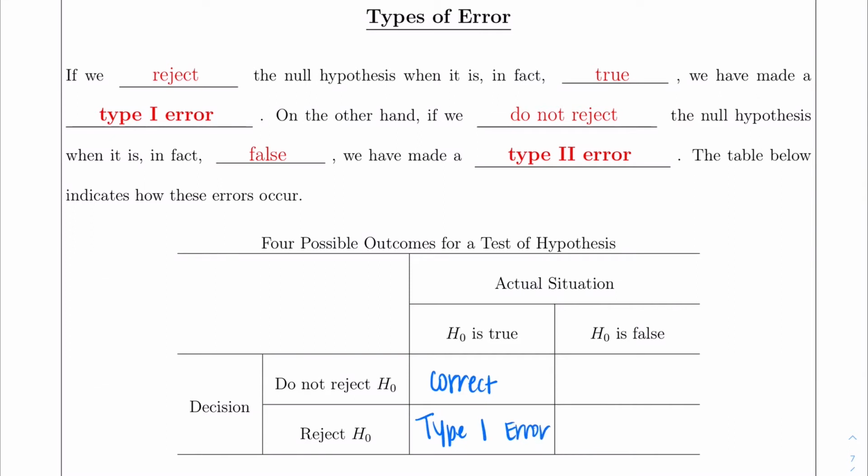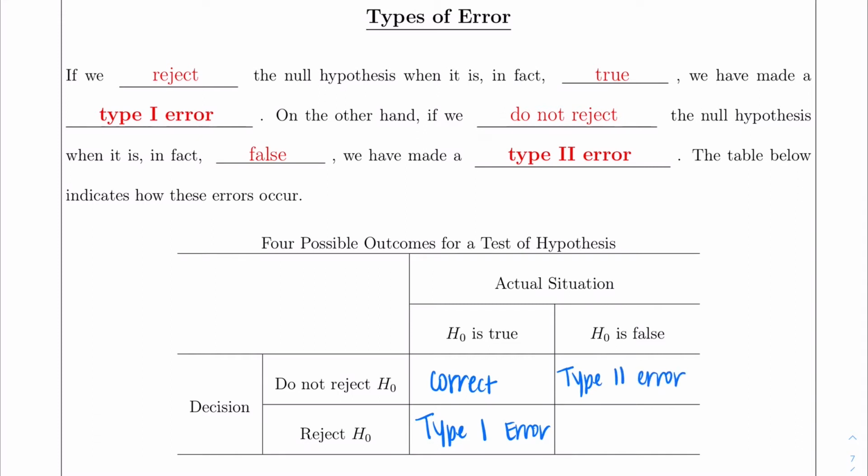So now let's look at what happens when your null hypothesis is false. So if your null hypothesis is false and you decide not to reject it, that's definitely an error, right? If you have a false statement, it should be rejected. And so here, this is going to be a type 2 error.